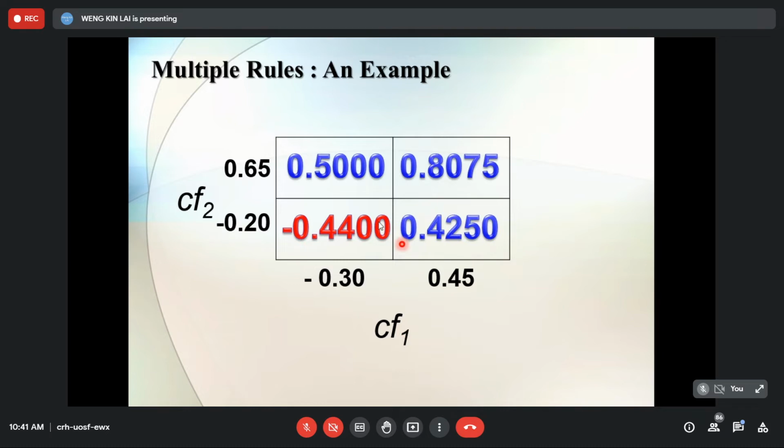So this one minus 0.3 will decrease your final certainty factor instead of increasing it. But if both are positive, as shown here, it will strengthen. Same applies here, so this will become more negative. This will become more positive compared to 0.65 and 0.45, and minus 0.2 and also minus 0.3 actually becomes more negative. But if either one is negative, it will bring down the positive one. That is what it shows.